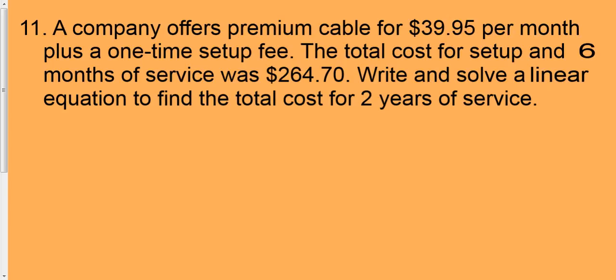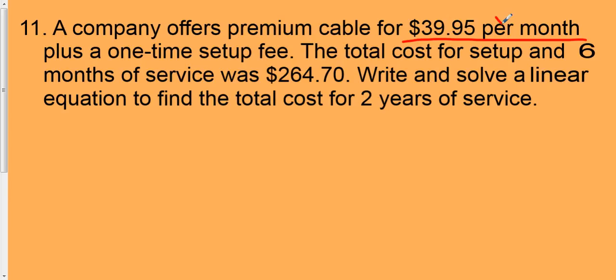So we have a company that offers premium cable for $39.95 per month, plus a one-time setup fee. The total cost for the setup and the 6 months of service was $264.70. Write and solve a linear equation to find the total cost for 2 years of service. So we have premium cable. It was $39.95 per month.